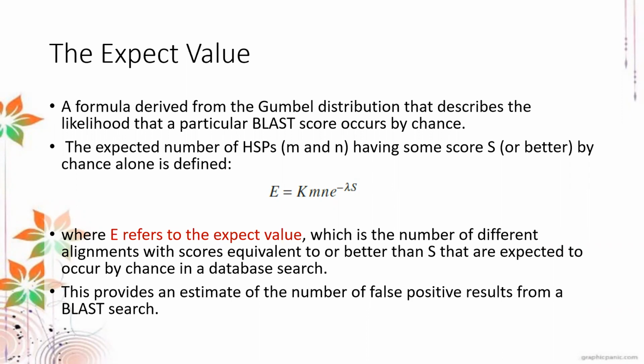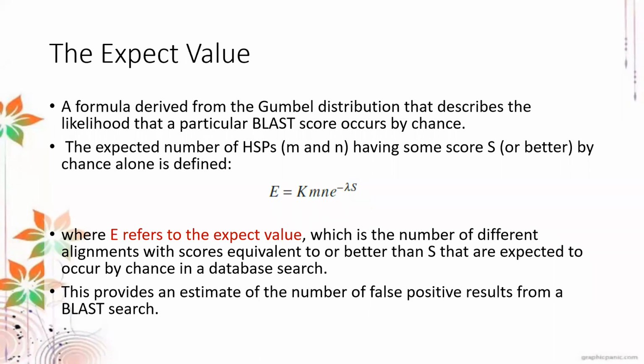You really can't make much of an inference there, instead of arguing that it's because they have conserved domains, similar functions, etc. The only thing you can say is that it just happens, and that's because you have a high expect value. So you don't want a high expect value. This is basically what your expect value tells you.